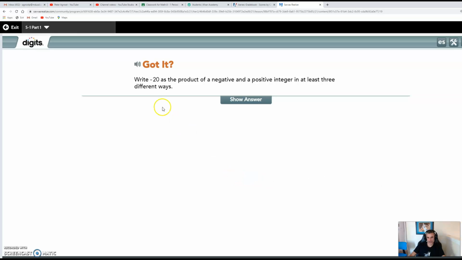All right, this is an interesting question. It says, write negative 20 as the product of a negative and positive integer at least 3 different ways. So how many different ways can I write negative 20? Well, I just need to think about what the factors of 20 are. 1, 2, 4, 5.